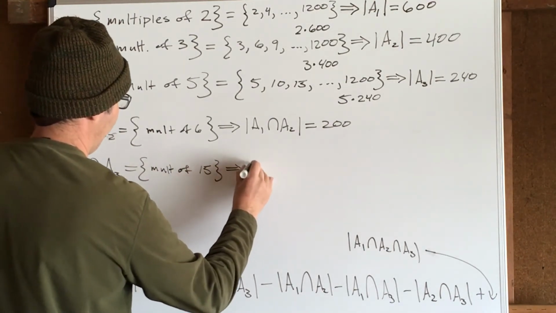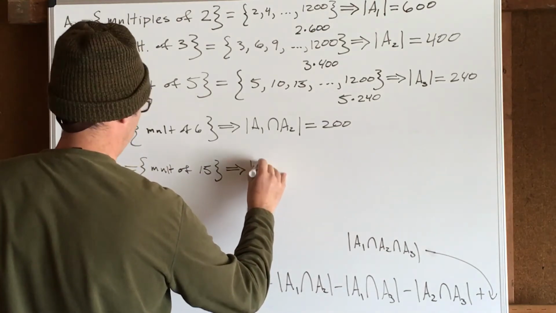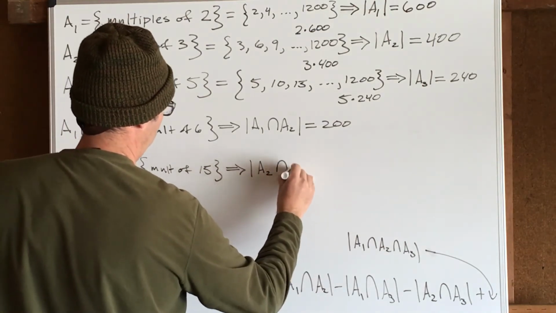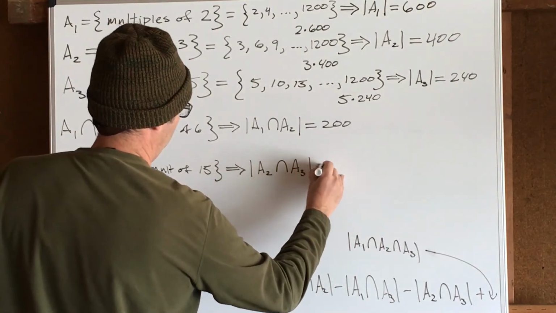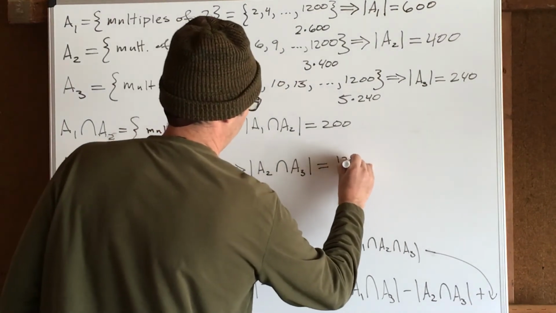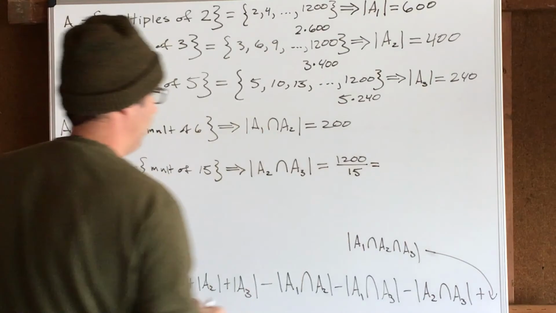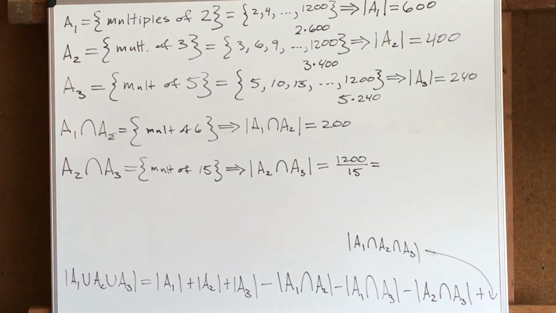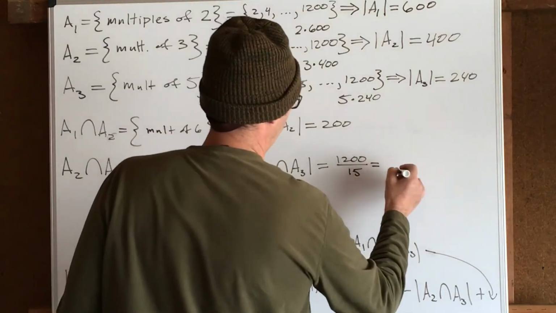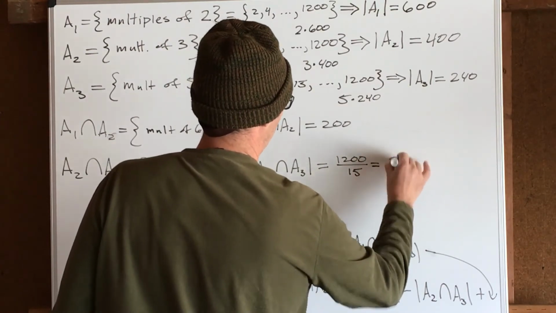How many multiples of 15 are there? 1,200 over 15. A2 intersect A3 is 80.